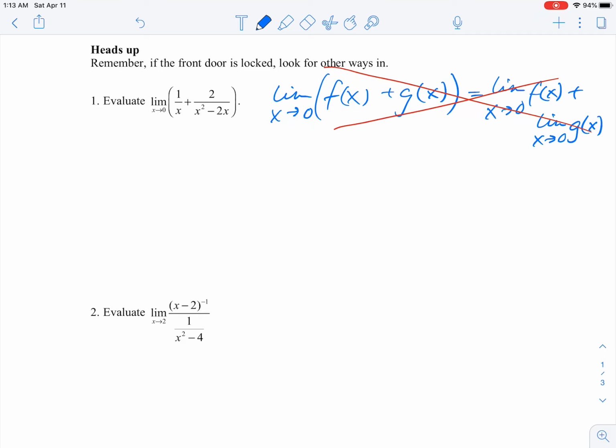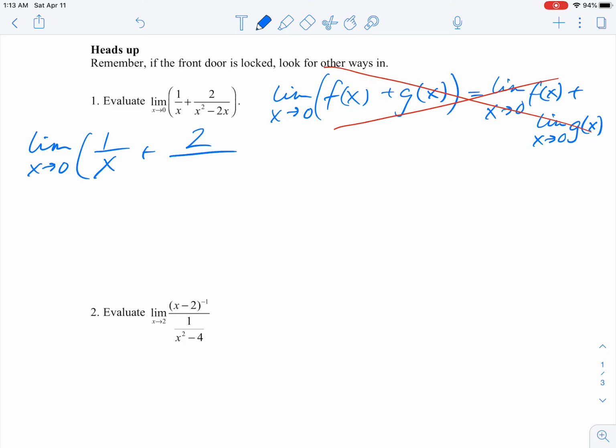If we were to plug 0 in to each of these functions, this one's undefined, and this one's also undefined. So it's not going to help us. We need to do algebraic manipulation before we can actually consider x going to 0. Let's get started with that. Now, we have a rather nice fact.